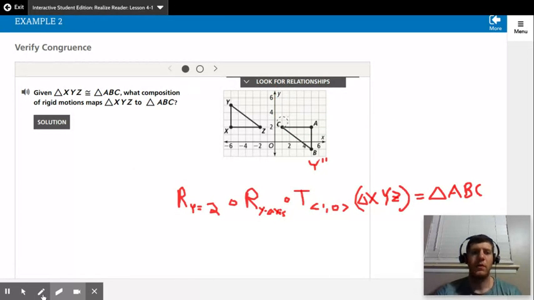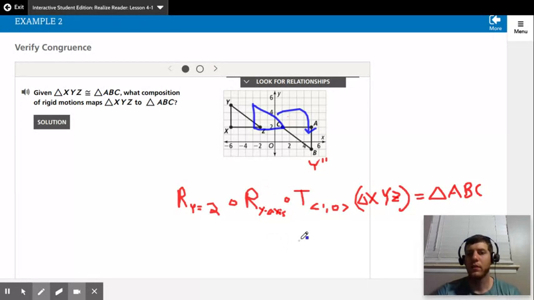Another way we could have done this is we could have translated it 2 to the right. I'm sorry, 3 to the right. So here's Z prime, here's X, here's Y. Okay, and then we could have rotated it 180 degrees.